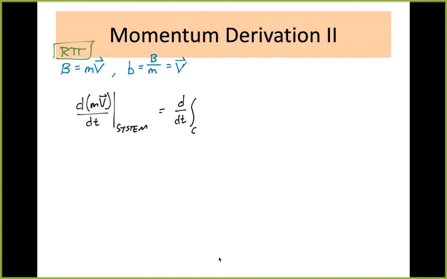So integral in the control volume, density times V dV, and then there was a term that deals with fluxes across the control surface, right? So how much B, or momentum in this case, is coming and going. And this would turn into density times this velocity vector times V dot N times dA. Whew.